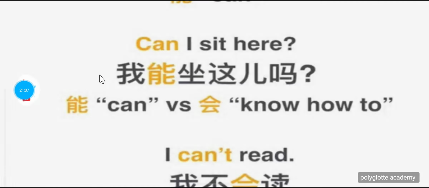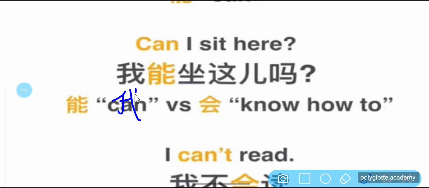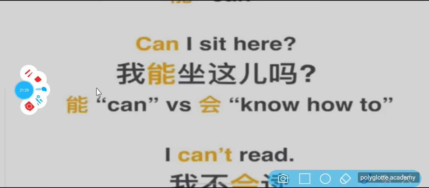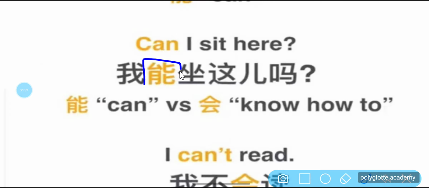So we have seen the 我, which is I or me. It will take time in this lesson to explain. We have the next character, which is 能, expressing possibility, can.